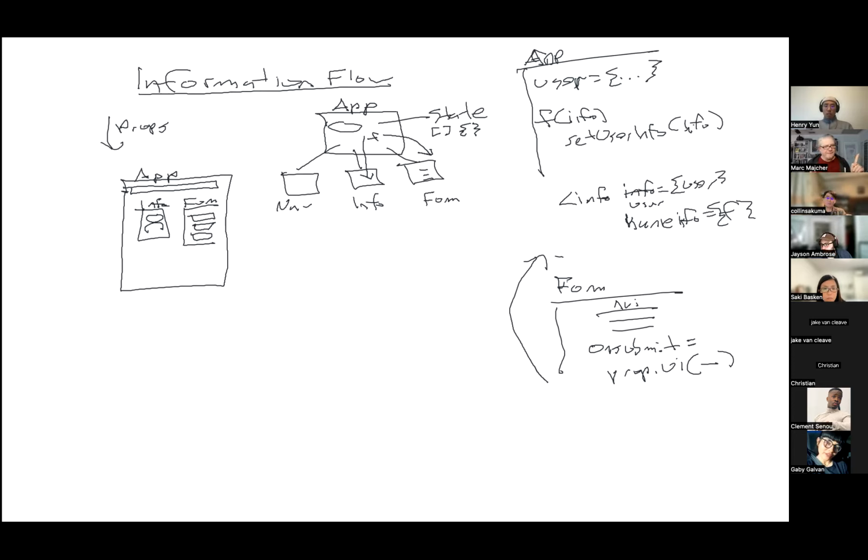So this is basically the whole information flow thing. And it doesn't matter how deep our app goes. We can have something over here that has something over here that has something over here, and we can have our state up here.